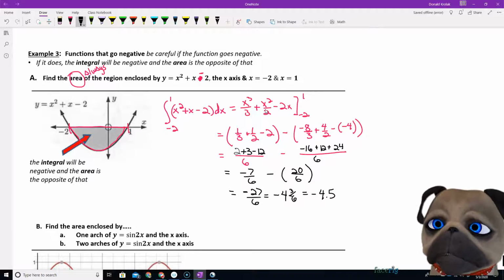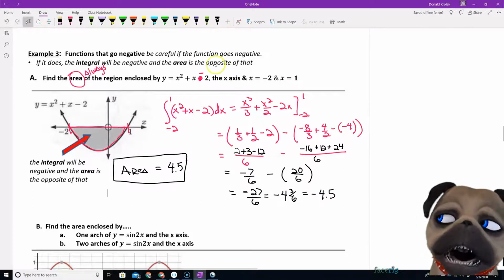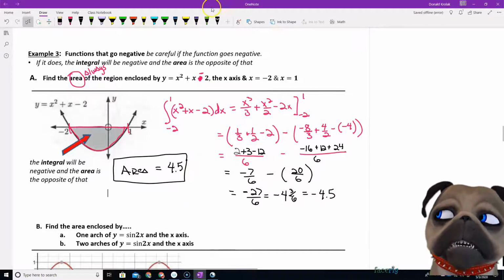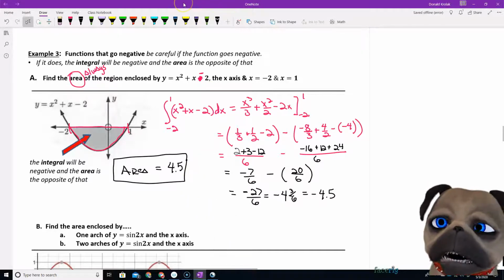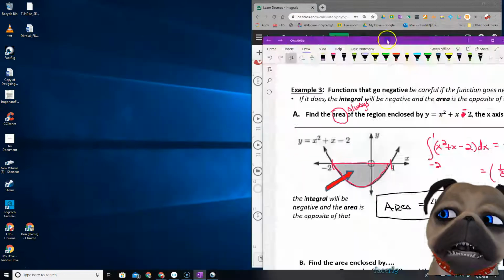But the answer to the area here would be positive 4.5. Okay, so keep that in mind. If you did this integral on your calculator or on Desmos, if it's underneath the x-axis, it's going to give you a negative answer.